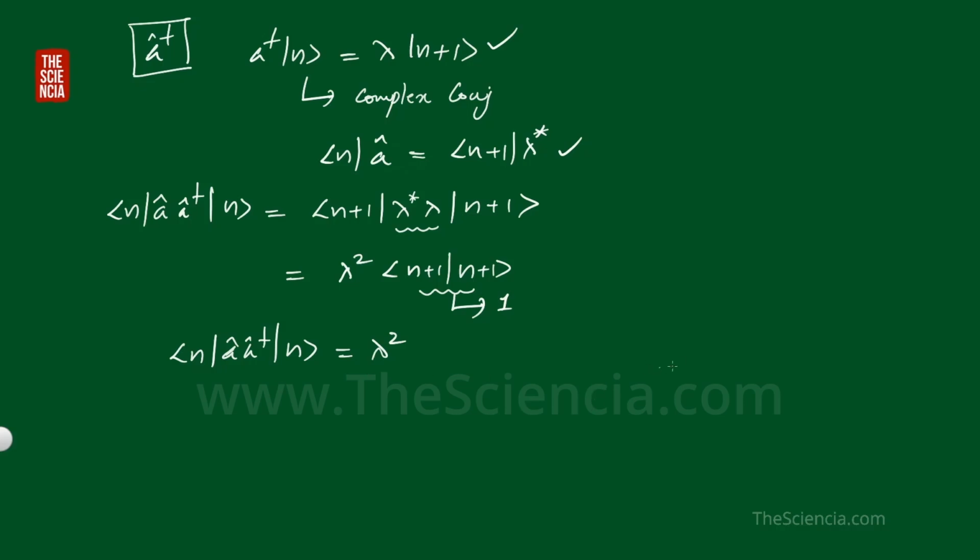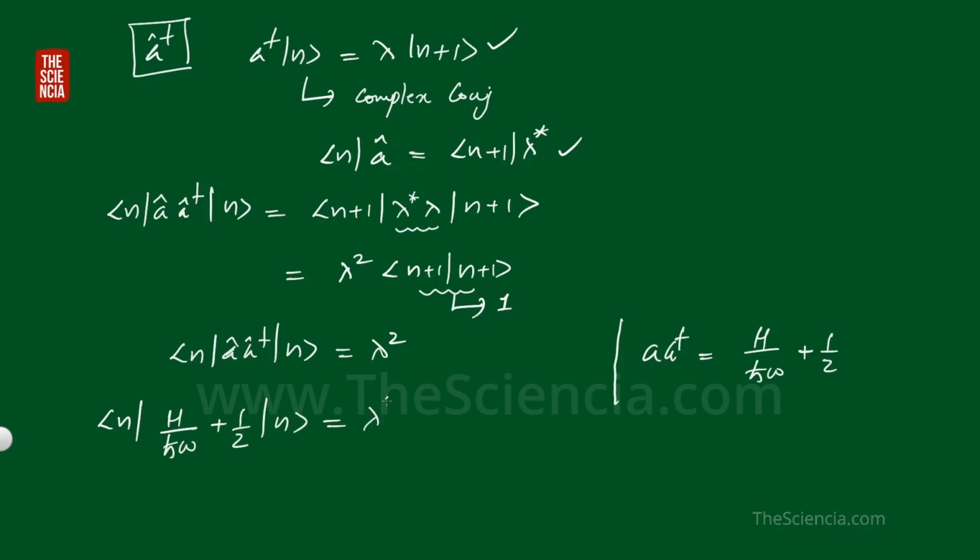And here this a dagger a value is equal to H by h cross omega plus half. Don't worry, we will derive this value. So now we can substitute this value here, that is bra n H by h cross omega plus half ket n is equal to lambda square.